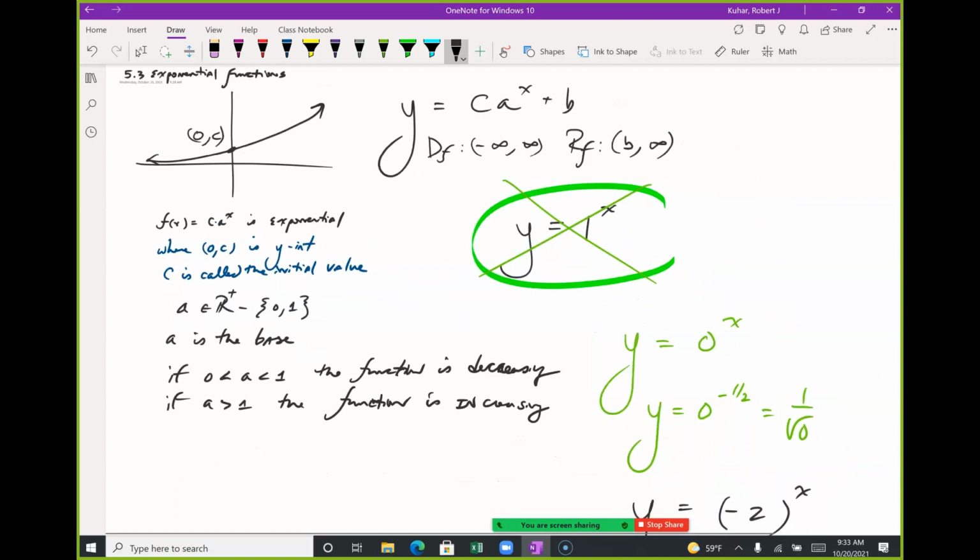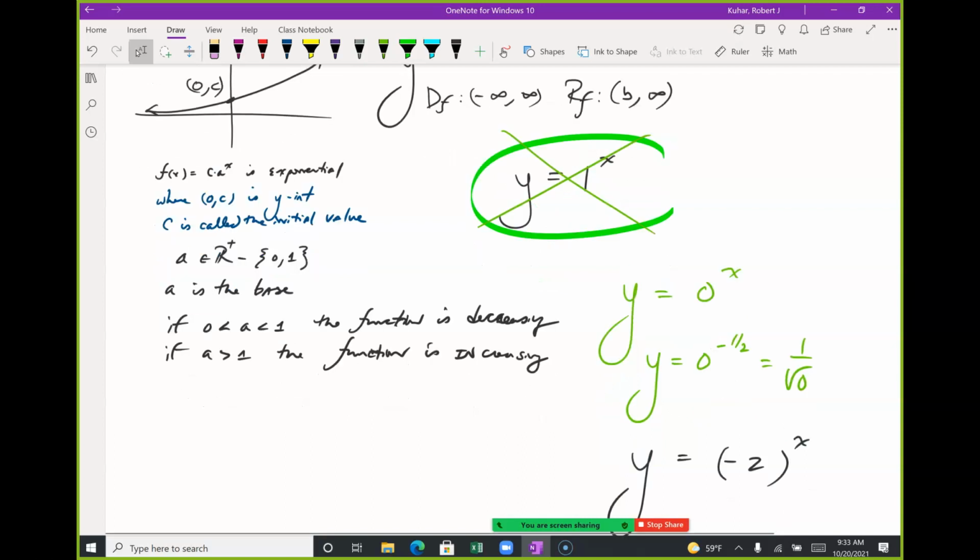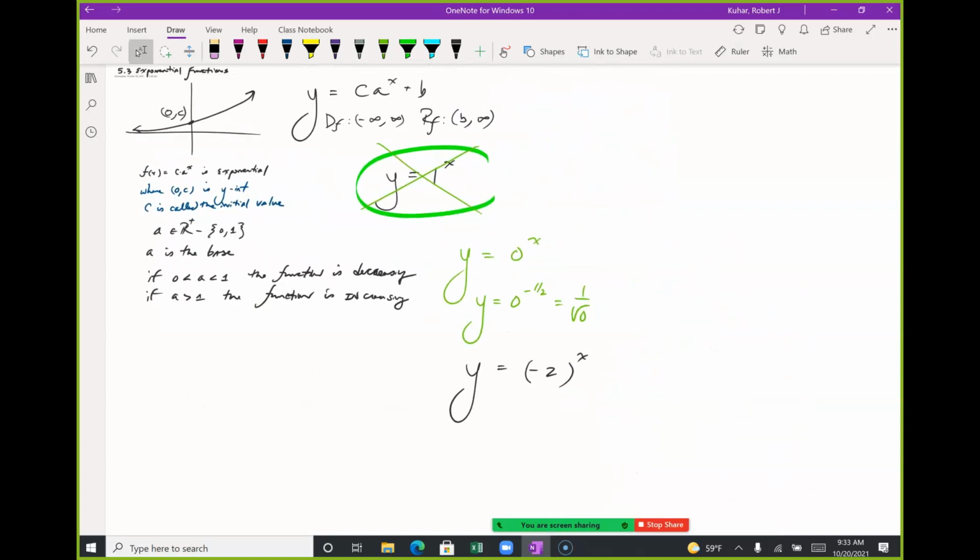So because we're going to be looking at translations of this function, we want to be able to take all of this information and translate it when I give you a translation of the function. That's something that's going to happen a lot.